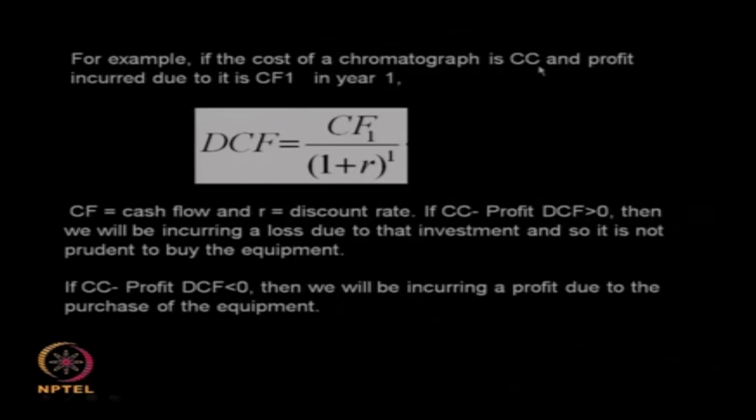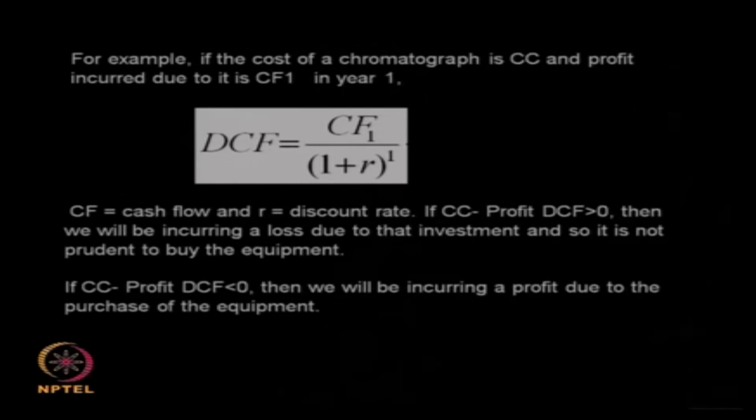So can I say the investment is good or the investment is bad? I can't just subtract Cc by Cf1, it is wrong, right, because Cf1 is the money or profit I am going to get in the next year, but Cc is the money I have spent today.